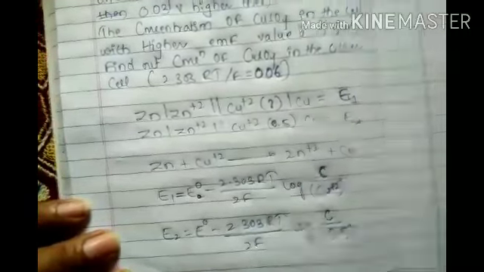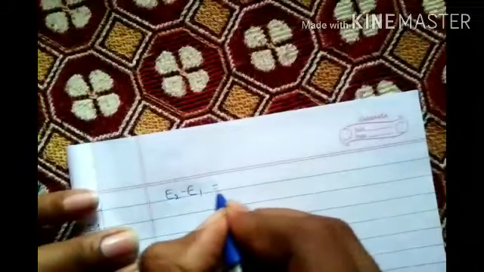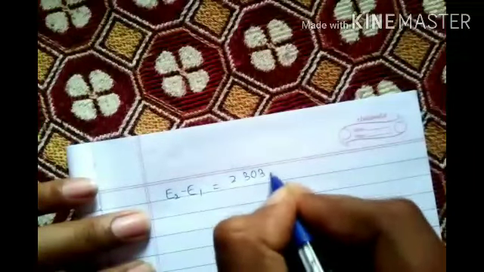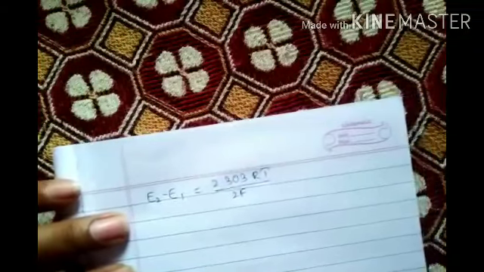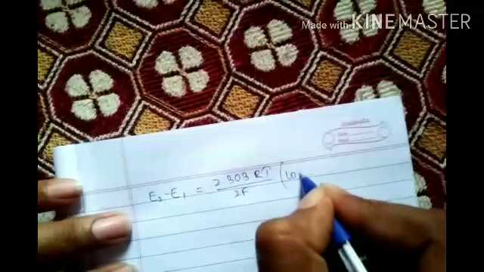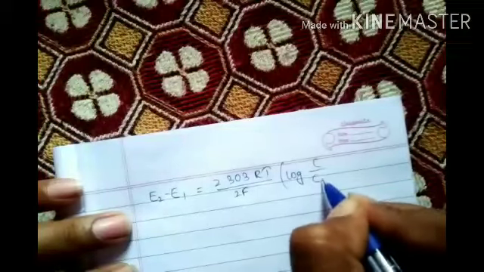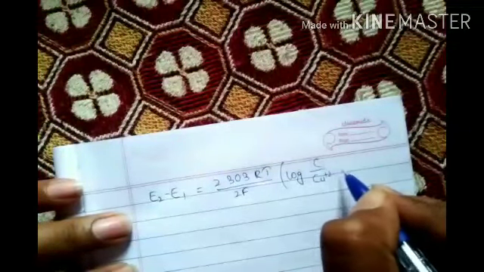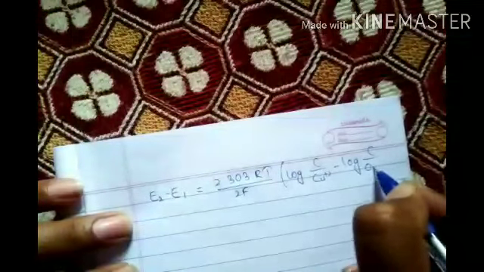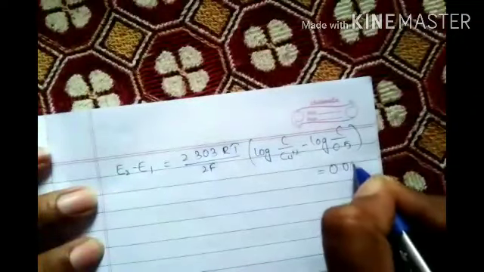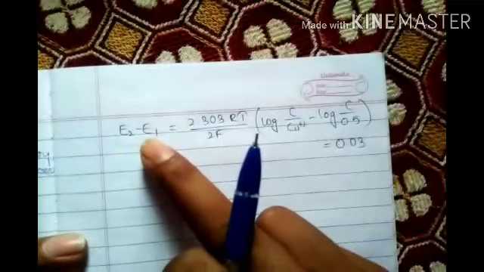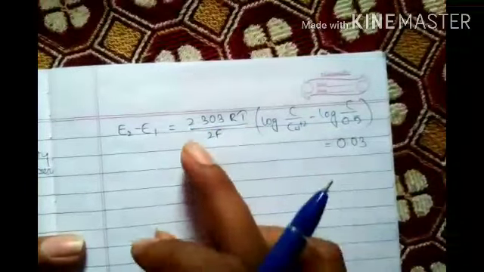Now E2 minus E1 equals 2.303 RT by 2F into log C by Cu plus 2 minus log C by 0.5, equals 0.03. Both formulas I applied in one.